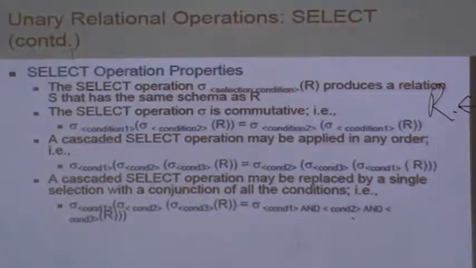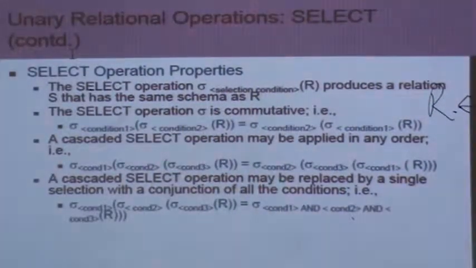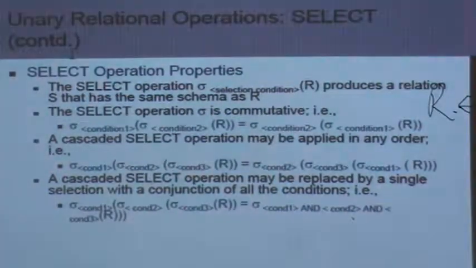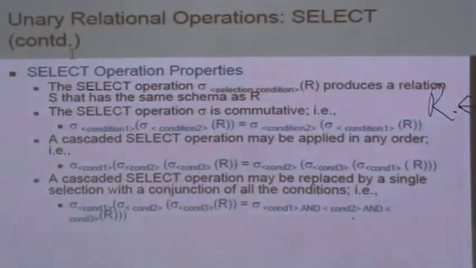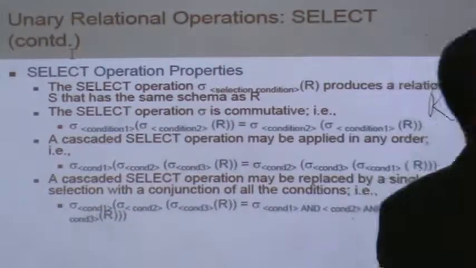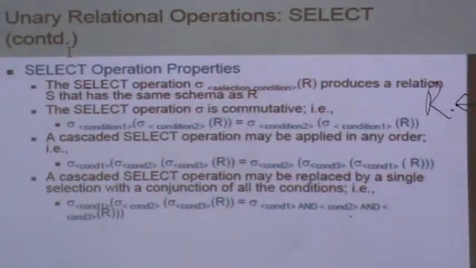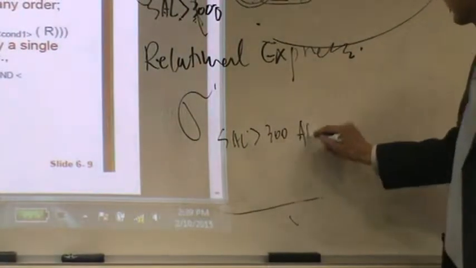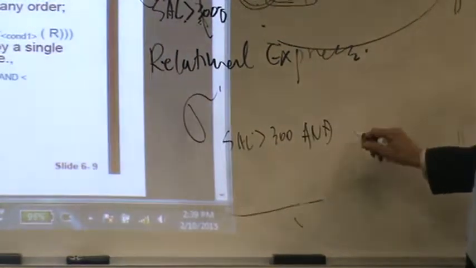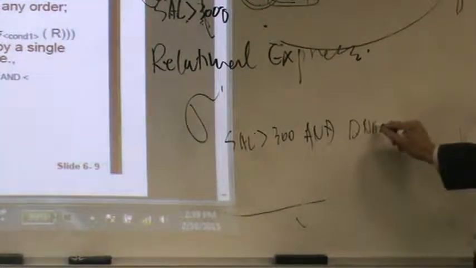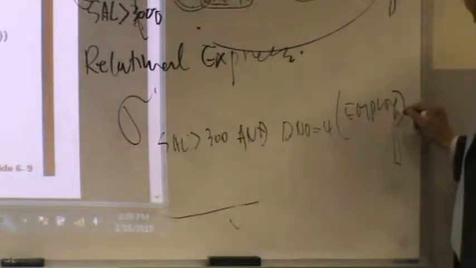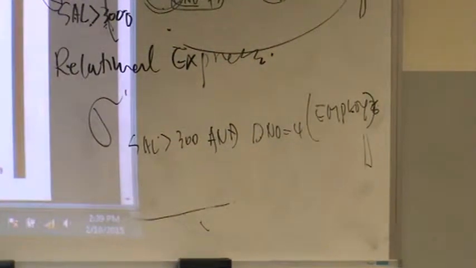But in terms of output, it's the same thing. So sigma, the selection, is commutative, and also you can combine them into one. In this case you can select where salary is bigger than 3,000, and you can add a logical operation, and or, department number is equal to 4. So this is the select operation.